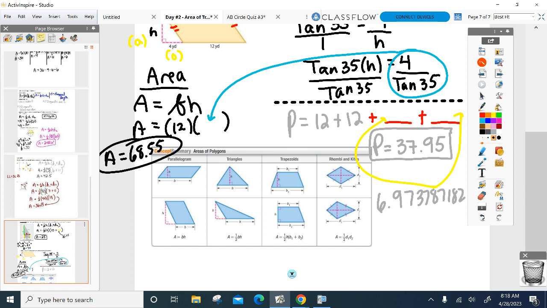I did sine of 35. If anybody used Pythag, make sure you use the non-rounded answer when you found the height. So whatever you got with 4 divided by tangent of 35, get that back on your calculator and plug all of that into Pythag if you're choosing to use Pythag.